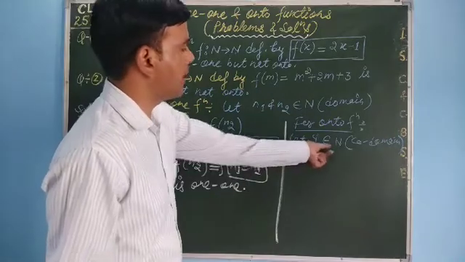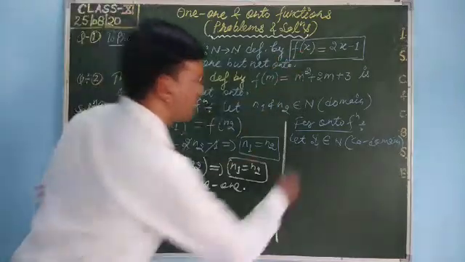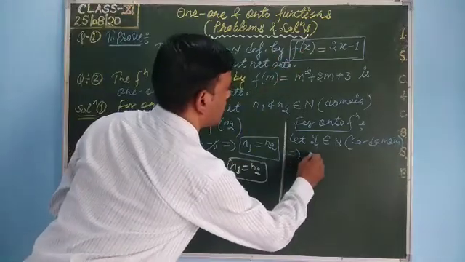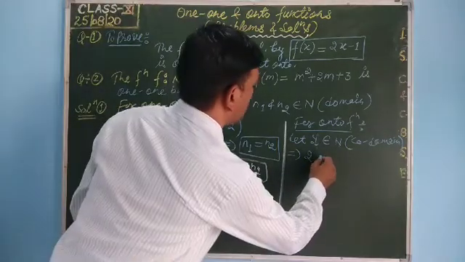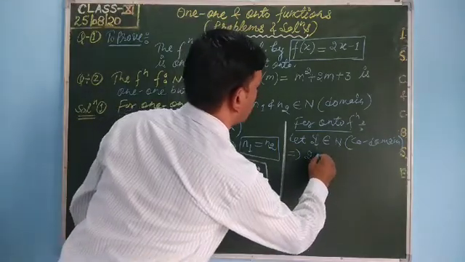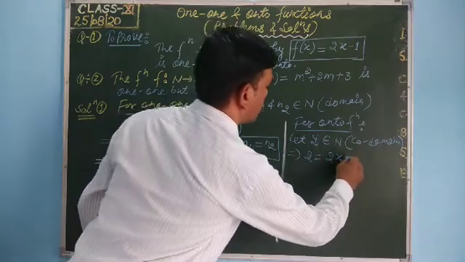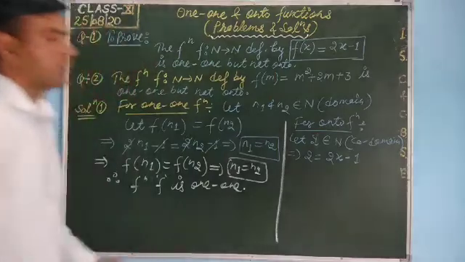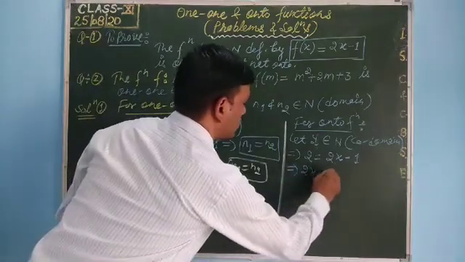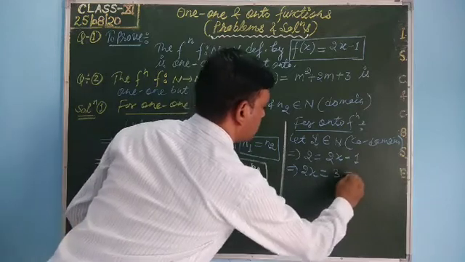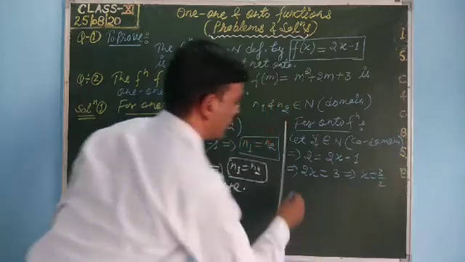So if we are taking 2 as the element of codomain, then we can put this value. So we will get 2 = 2x - 1. Okay, this implies 2x = 3, and this implies x = 3/2.